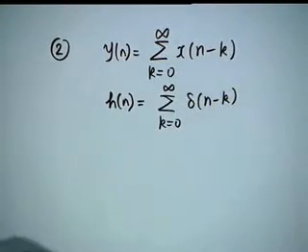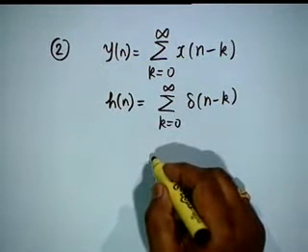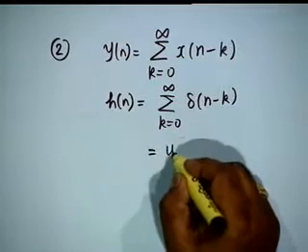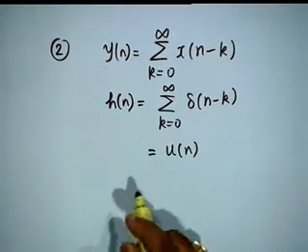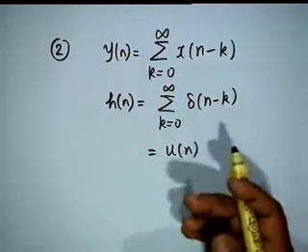What is this signal? It's precisely u of n. So although the definitions of the two accumulators are different, the impulse response is the same. Agreed?